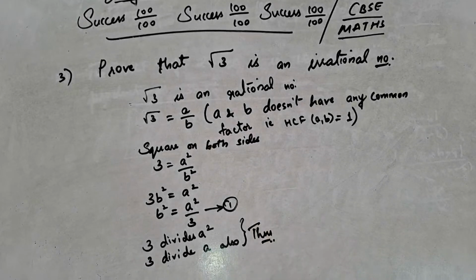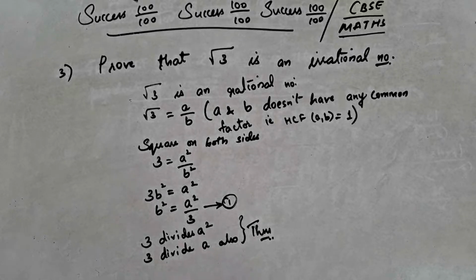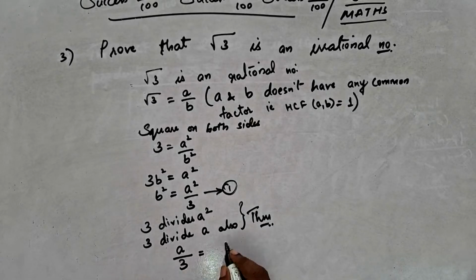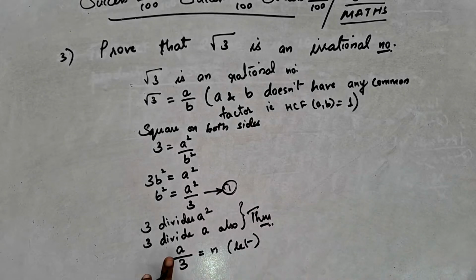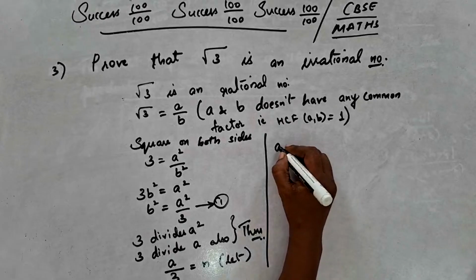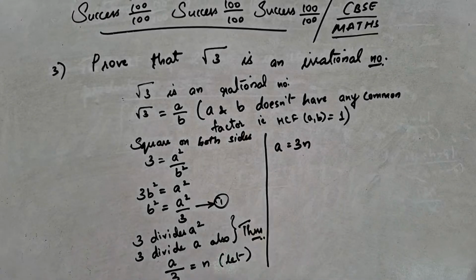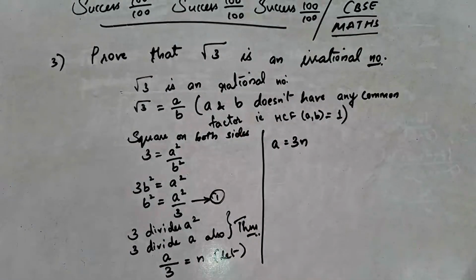Okay. Now, 3 divides a. In the sense, 3 divides a will give me some number n. Let us assume this. So a divided by 3 is equal to n. Now, transposing, I will get a is equal to 3n.